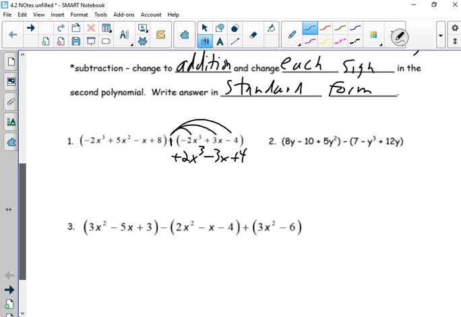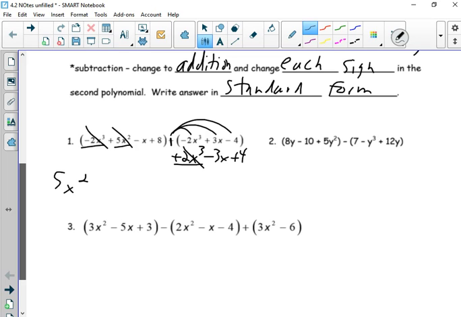So, I look for my highest exponent. It's cubed. Well, I have a negative 2x cubed here and a positive 2x cubed here. What happens? It cancels, 0. Anything minus itself is 0. So I have no cubes. Now my squares. 5x squared, that's it. Now I look at my x's.